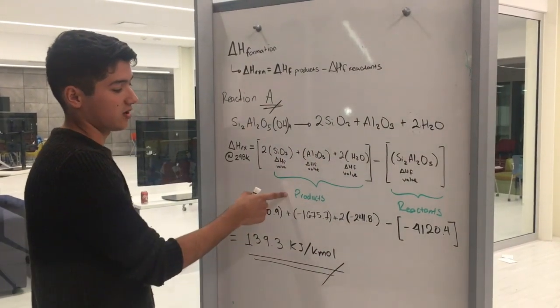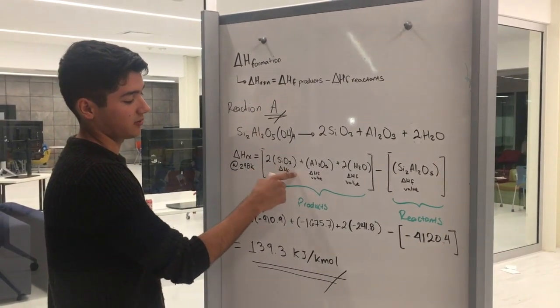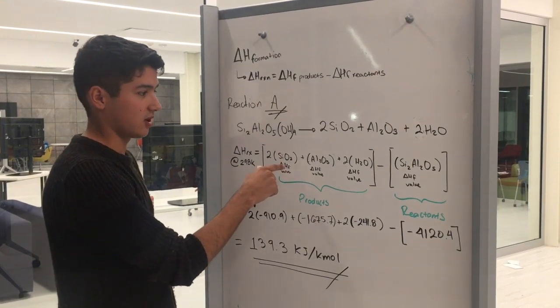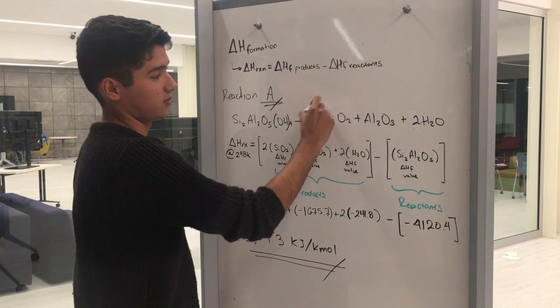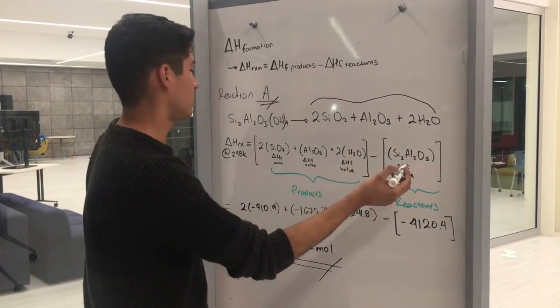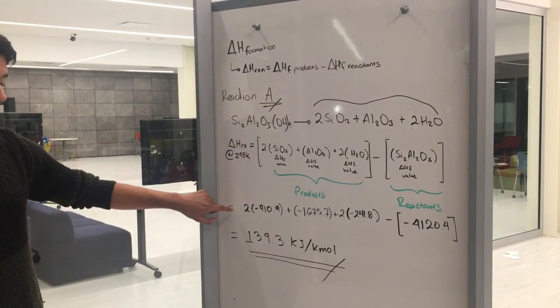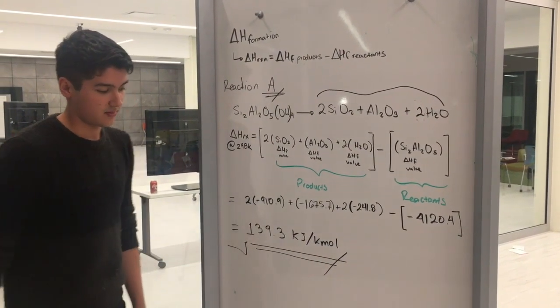So for the products, we're going to calculate by multiplying 2 times the enthalpy of formation value of this compound plus this one and this one, which are the products. Next step is going to subtract the value of the reactants, and then you're going to end up with this calculation, which is going to end up with this final result.